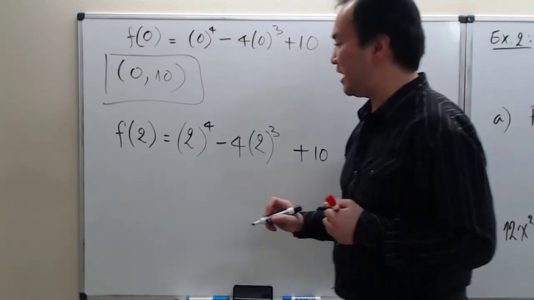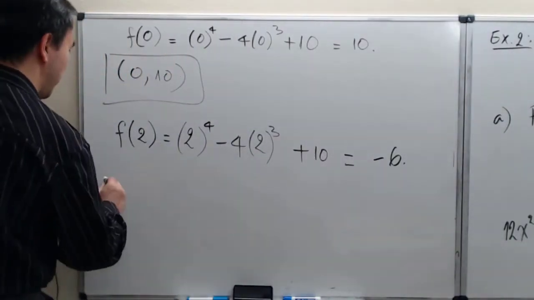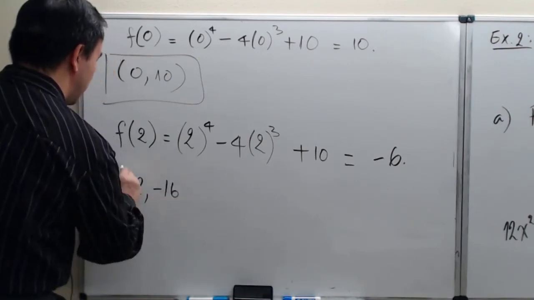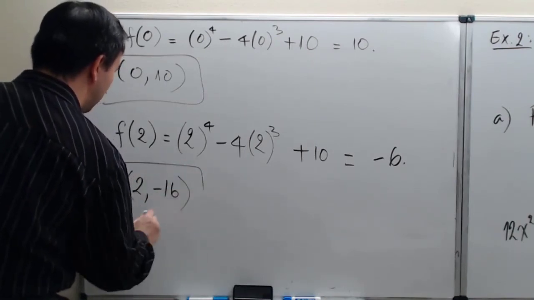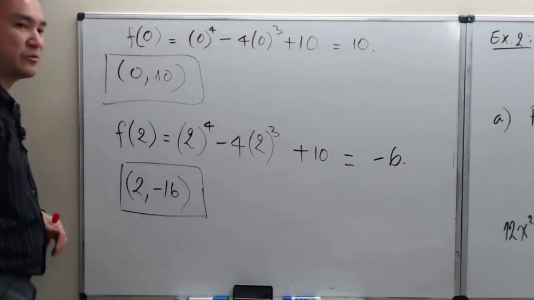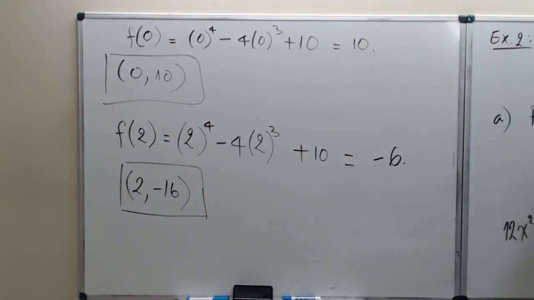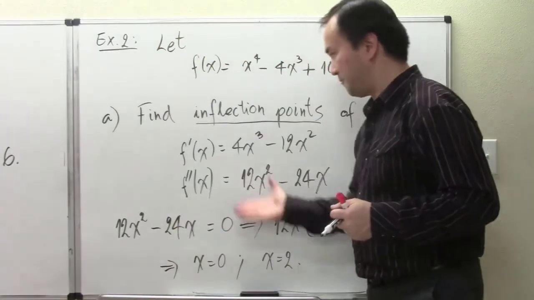So now we have another inflection point at (2, -6). These are our two inflection points, and that's the answer to the question in part A of our example.